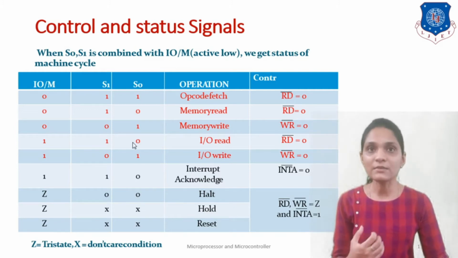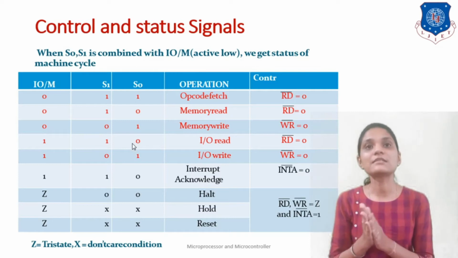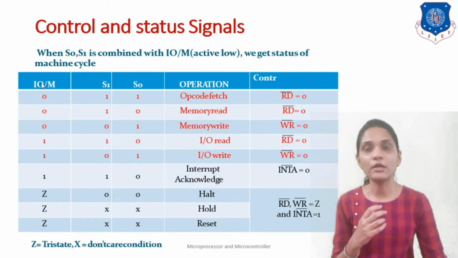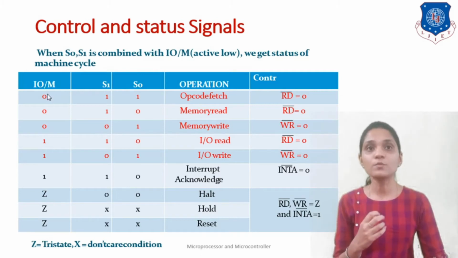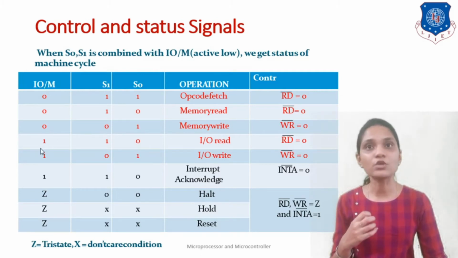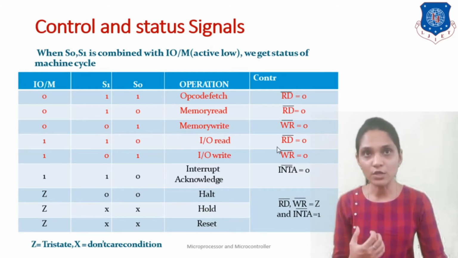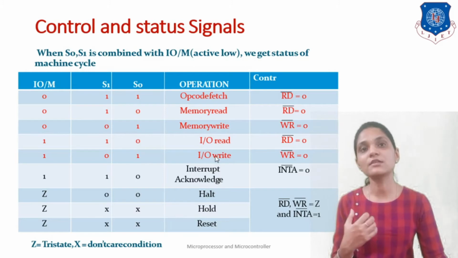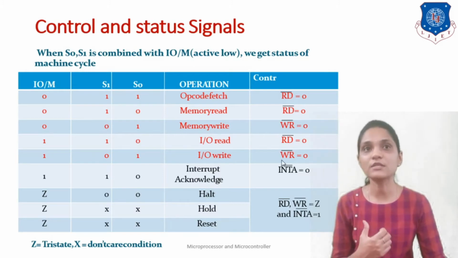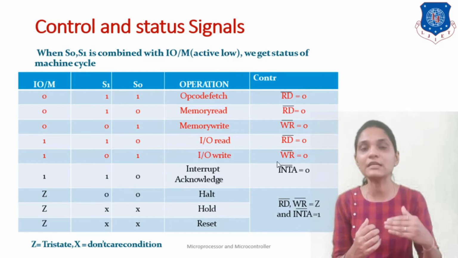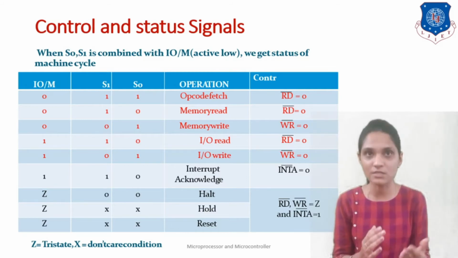Similarly, if your task is related to IO read or IO write, the value of IO, M bar should be 1 because it is an IO related task. If it is an IO read operation, then the read control signal is generated, and if it is an IO write operation, then the write control signal is generated. That means it should be activated, and it is activated by putting it as a 0.